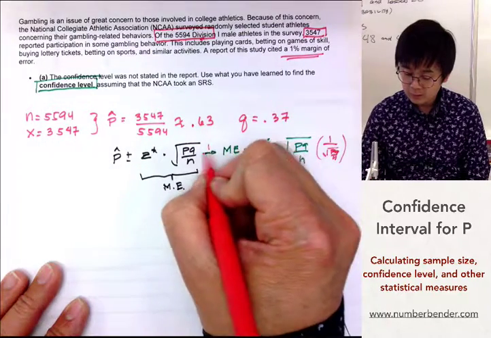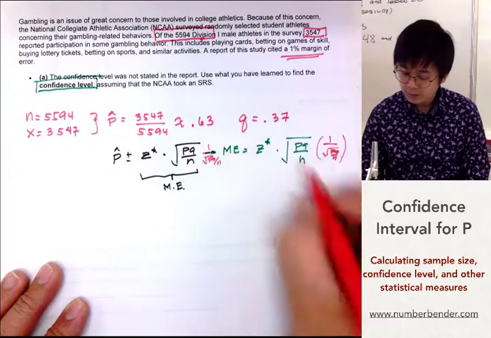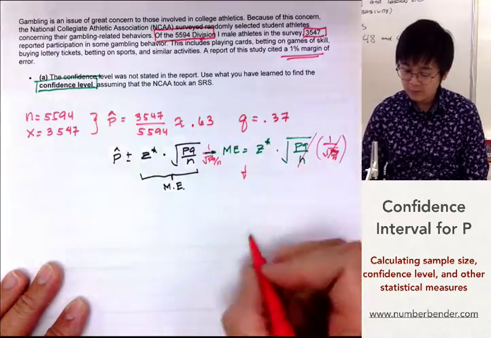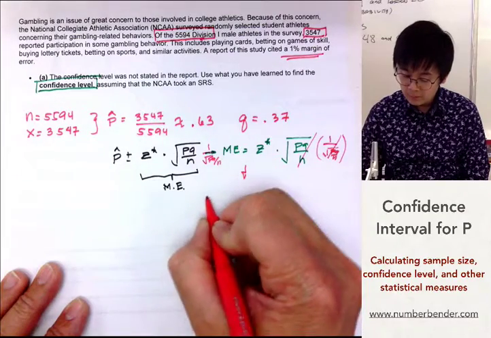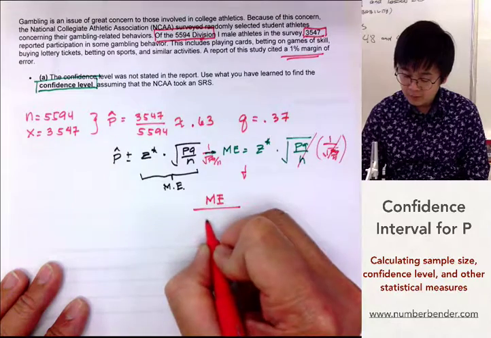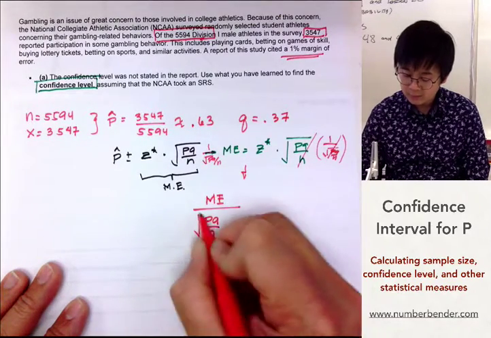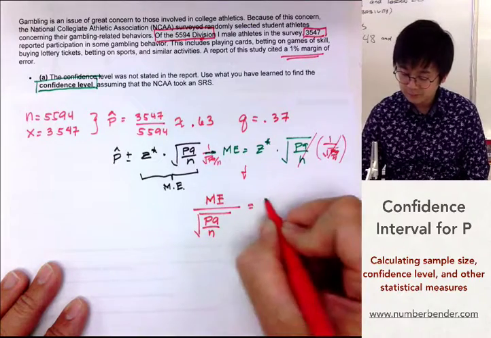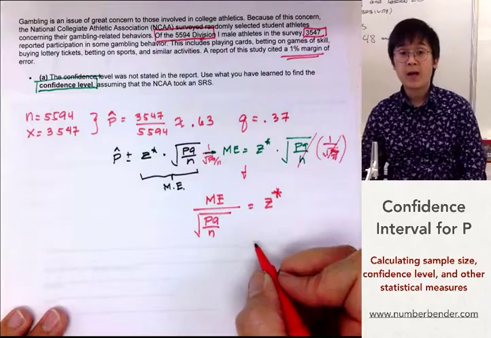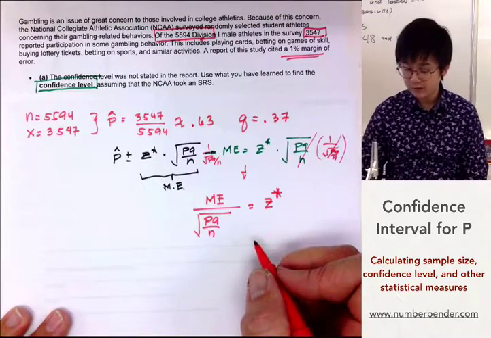So this will cancel out, and we will end up with the margin of error divided by PQ all over N inside the square root. And this is the Z star that we're going to be able to compute, and from the Z star we'll be able to find the area under the curve, which is our confidence level.